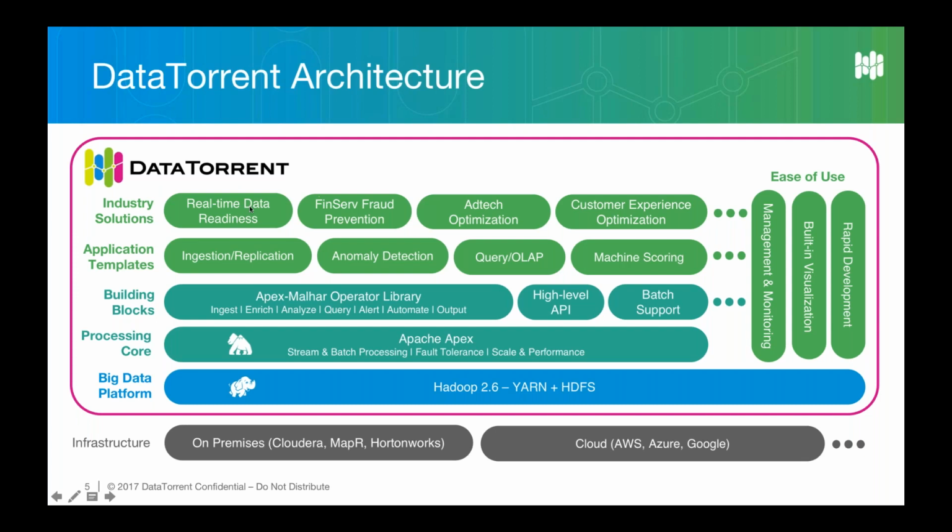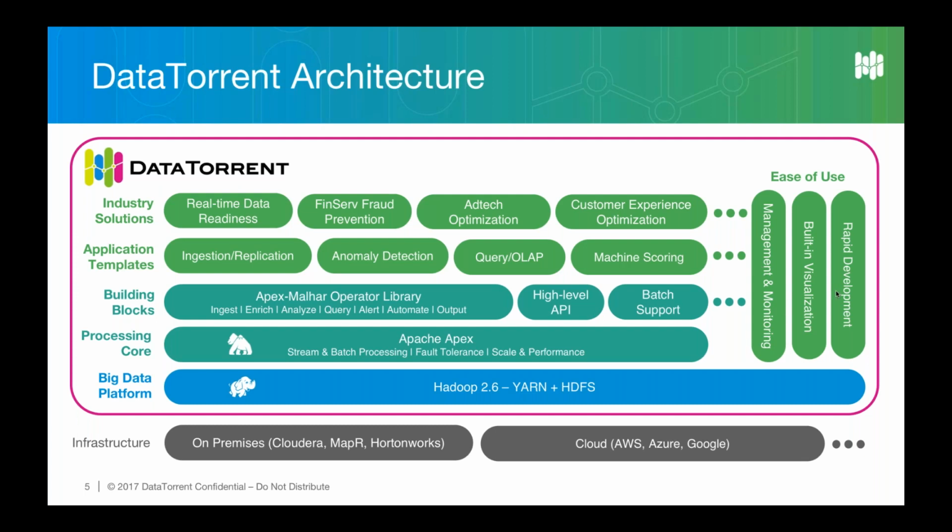So that is the topmost layer where we can look at the AppHub from an industry solution point of view. Then on the right, these three vertical bars basically talk about the tools that cover all three or four layers, which is basically the ease of use that users want for managing and monitoring applications, for visualizing various aspects of their real-time applications, and also to rapidly develop and deploy the applications.